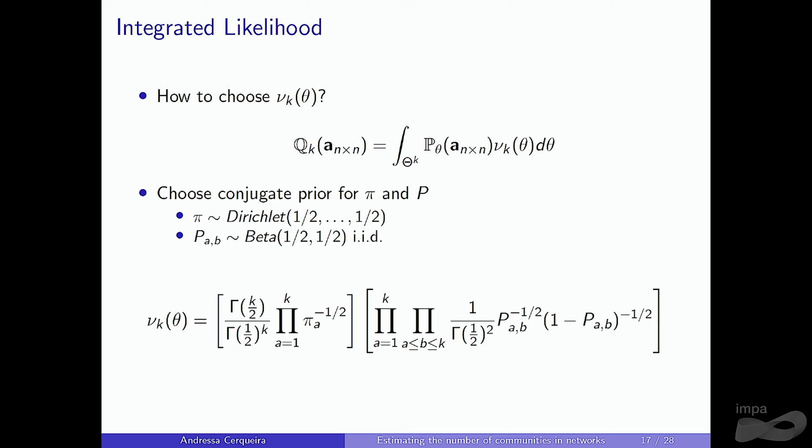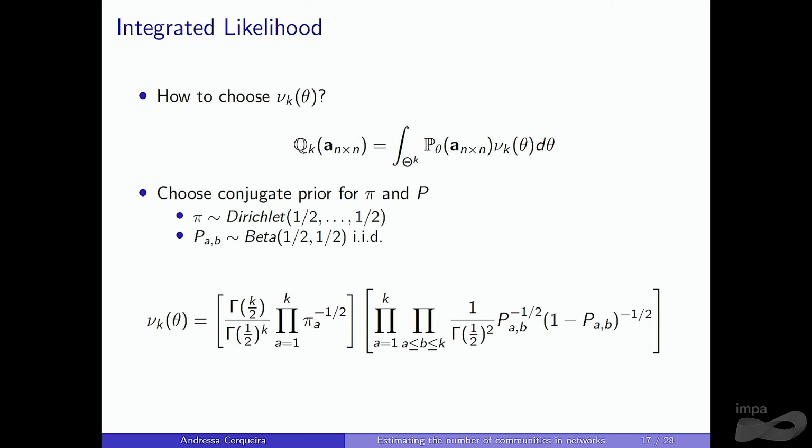So I just give to pi a prior that is a Dirichlet, which is conjugate with the multinomial. So this is just a Dirichlet with parameters 1.5, 1.5, 1.5. We have here k parameters. And for each entry of the matrix P, I give a beta distribution with parameters 1.5, 1.5. Right? So i.i.d. So the formula for this probability distribution for the parameters has this expression here.